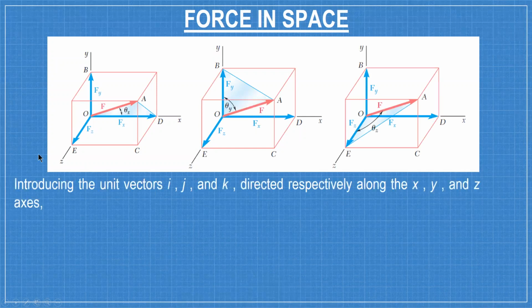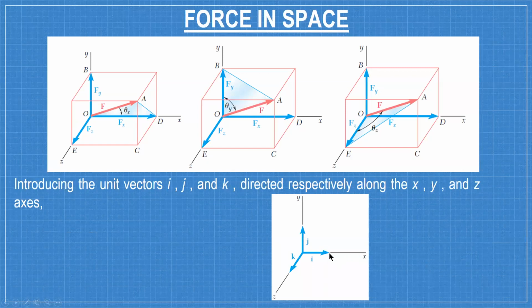So, to make it easier to determine the components, let us introduce unit vectors i, j, k directed respectively along the x, y, and z axes. So i is associated with x, j is associated with y, and k is associated with z. Since x, y, or z is here, then i, j, k should be here. Wherever the label is, that is the positive direction.